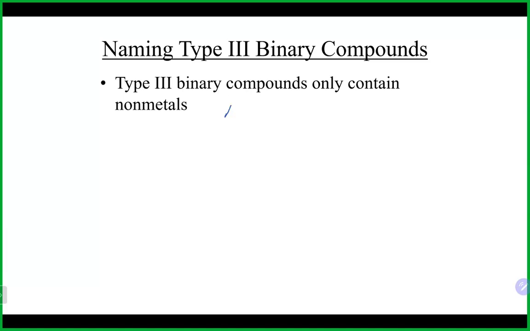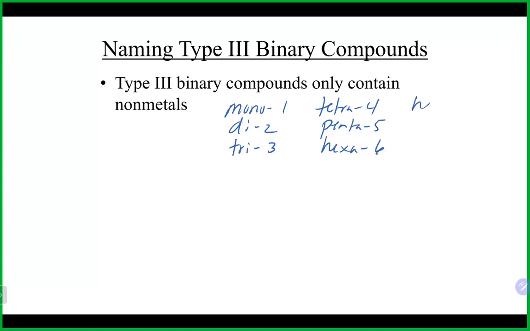This is where we use our prefixes: mono is 1, di is 2, tri is 3, tetra is 4, penta is 5, hexa is 6, hepta is 7, octa is 8, nona is 9, deca for 10. So these are the prefixes, and again, this is the place where you want to basically use them.